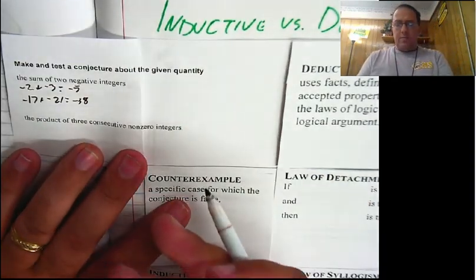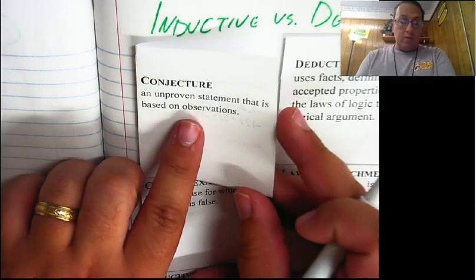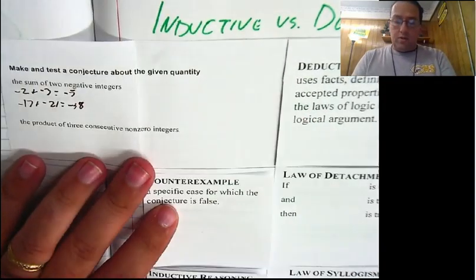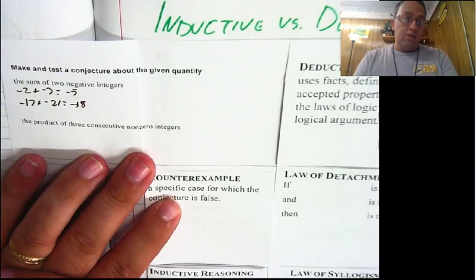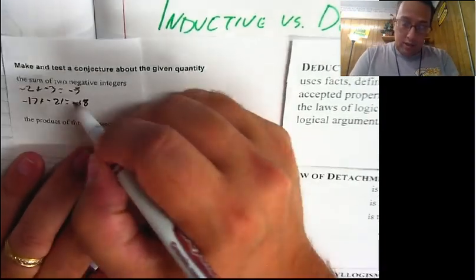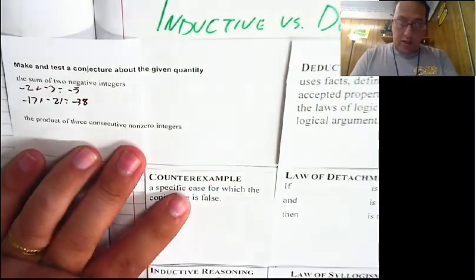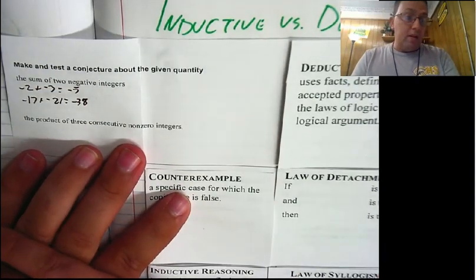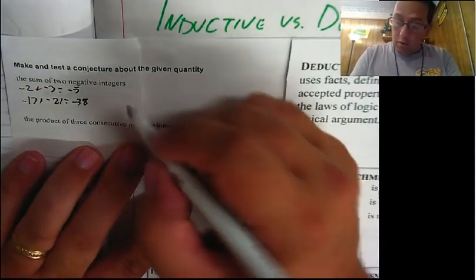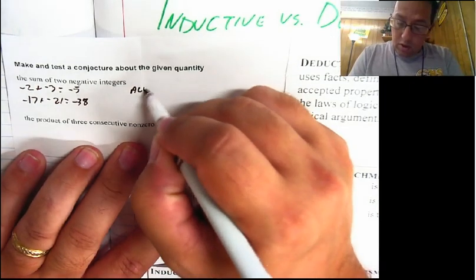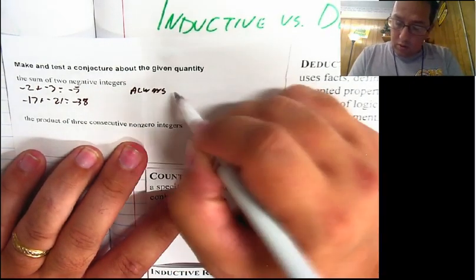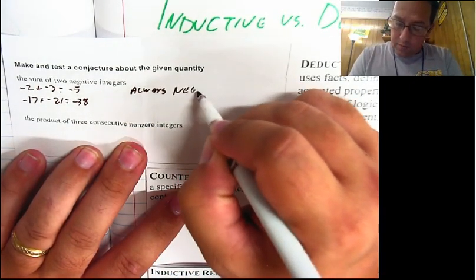So we've got some examples here, right? Because we made some observations. Now we need to make a conjecture based on this. Well, looking at this, it looks like the sum is always going to be negative.